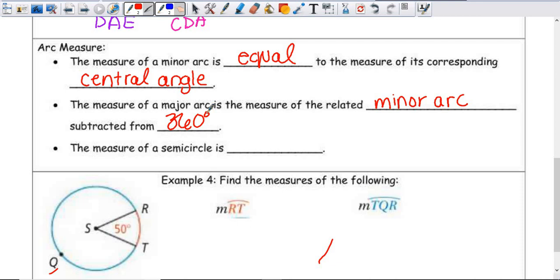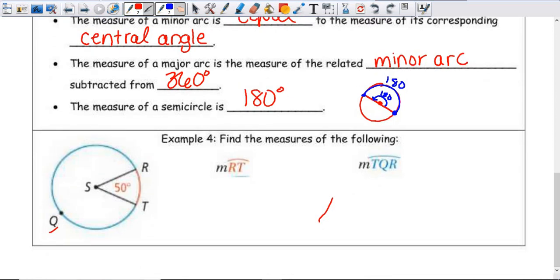That will make more sense when we do an example below. Then the measure of a semicircle must be 180 degrees, because a semicircle has to go from one end of a diameter to the other. We are on a straight line here, which we know is 180 degrees. So the arc must be 180 degrees.